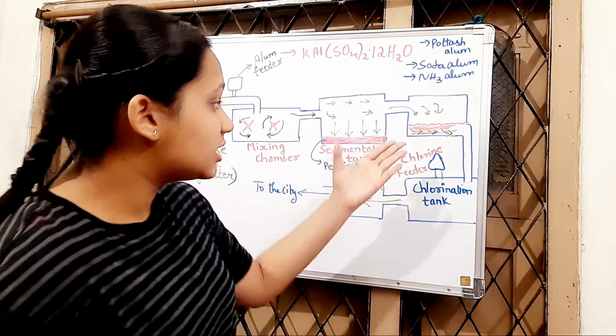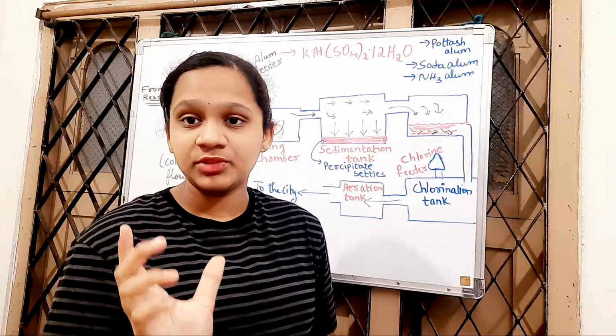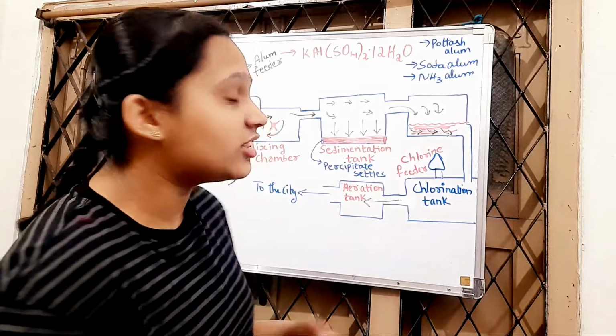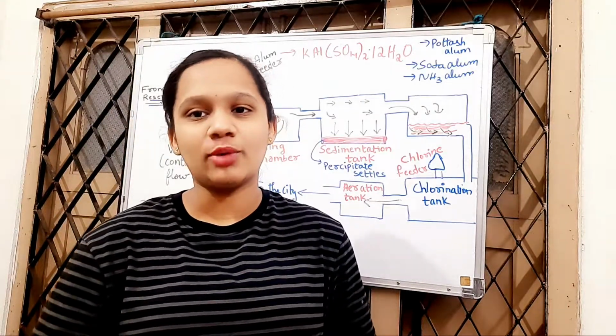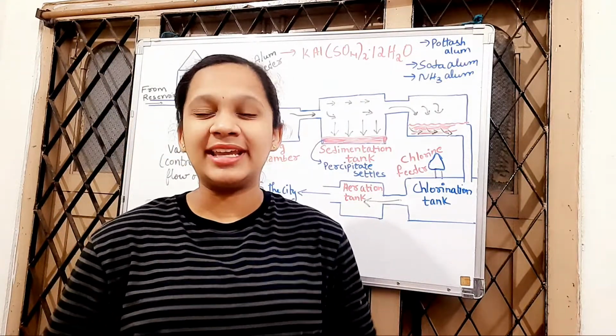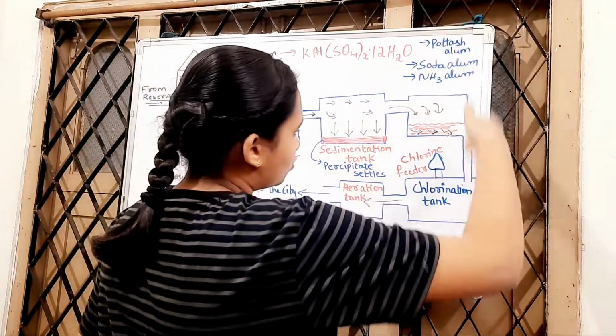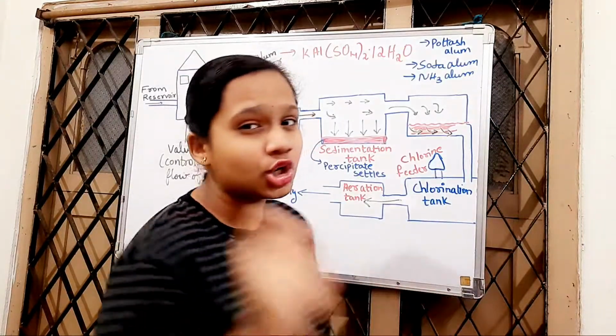And this sand even makes the water clean. Yes, it gives a purified look to the water. And then the charcoal will purify the water by killing the bacteria and some chemicals in the water. Now from here, the water is moved on to the chlorination tank, where the chlorine gas.